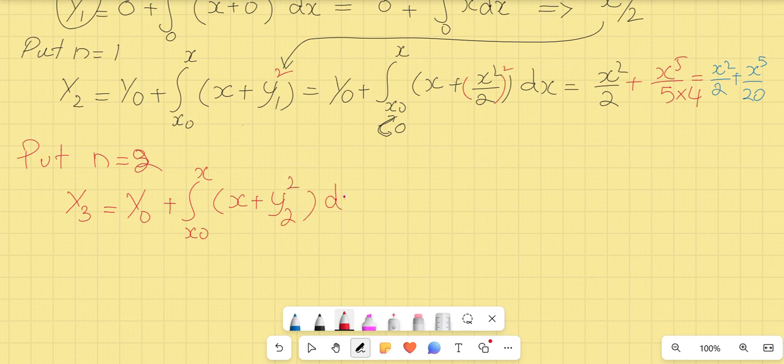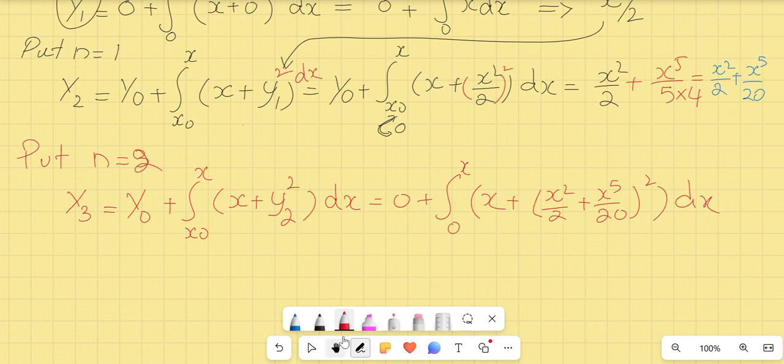Should put dx in here as well. All right. So y naught is already 0 in here, and then what we're going to have is the integral from 0 to x, and inside this x is the same, plus y2 is coming from there, x squared by 2 plus x to the 5 by 20, squared, and dx.